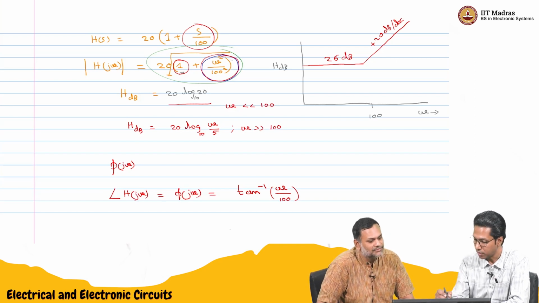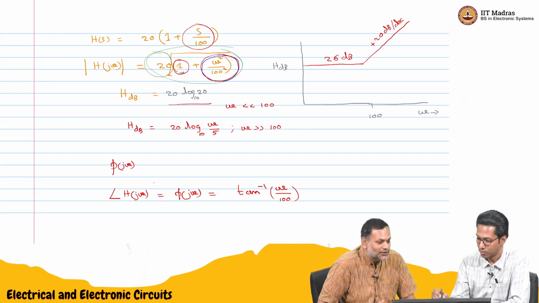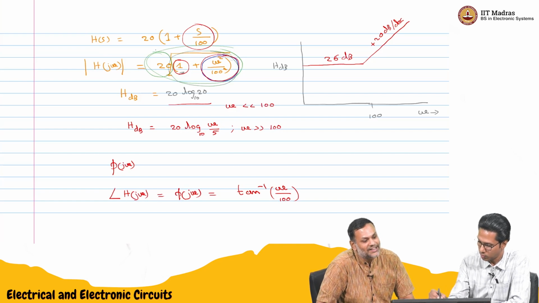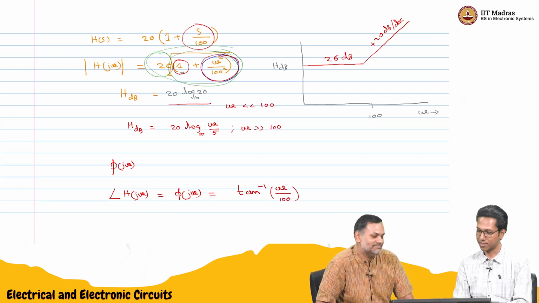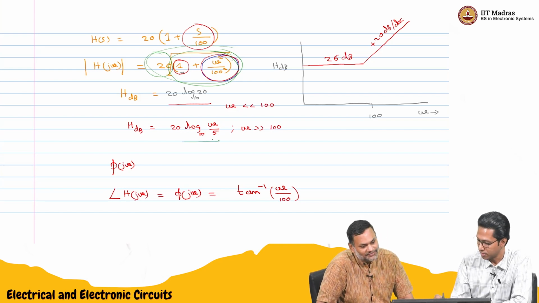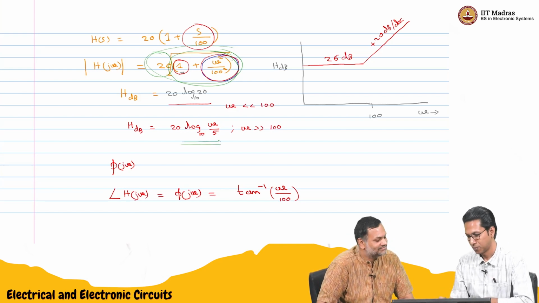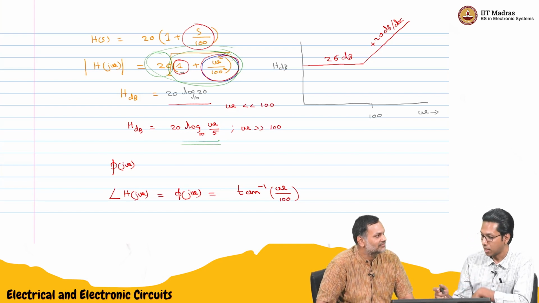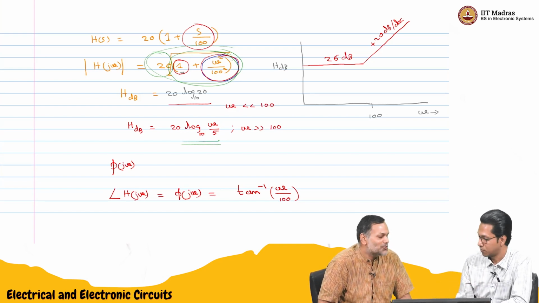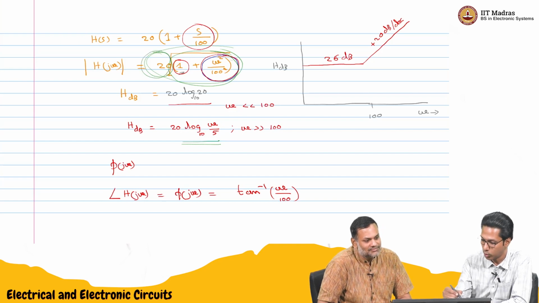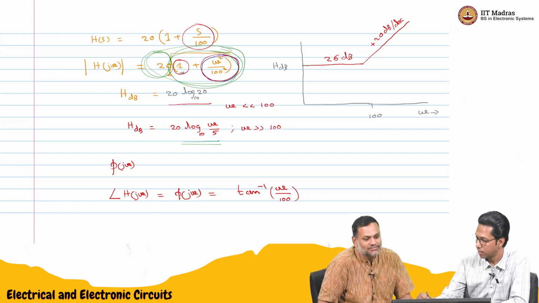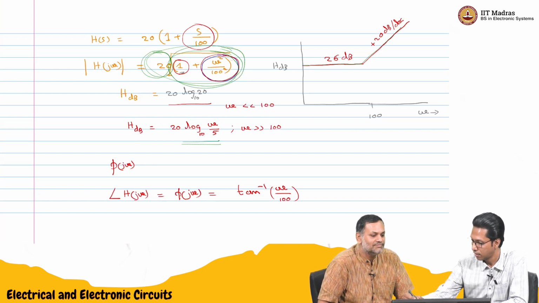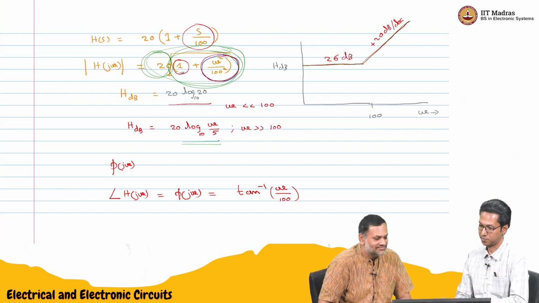After that, we could write 20 log 20 plus 20 log omega by 100. So it is actually the sum of these two terms: the first term due to the 20 log 20, and the second term due to this one. We are just adding them, and we put the characteristic like this.